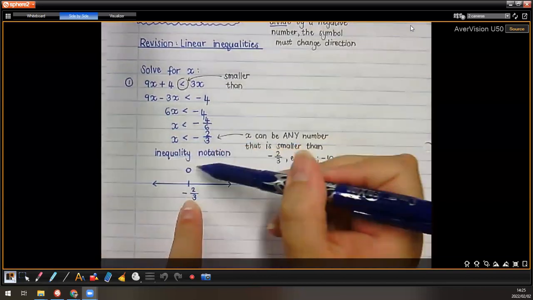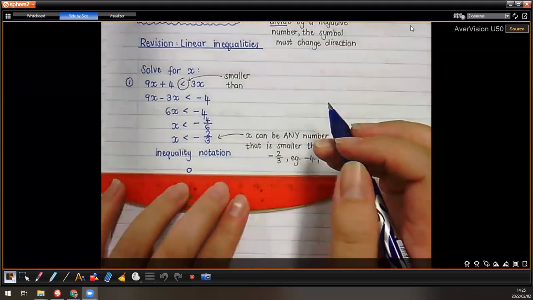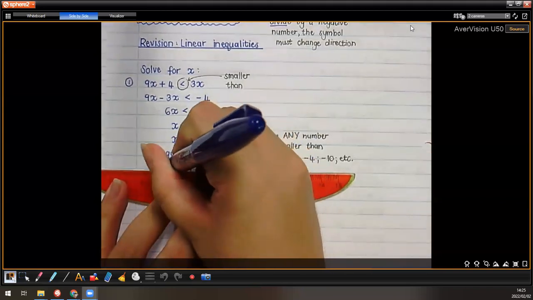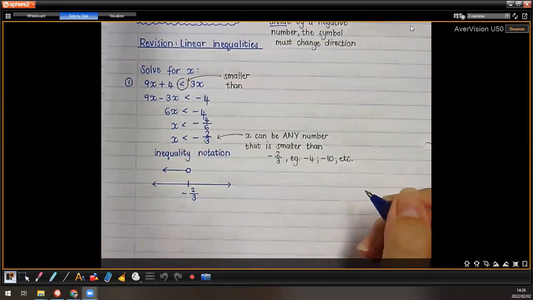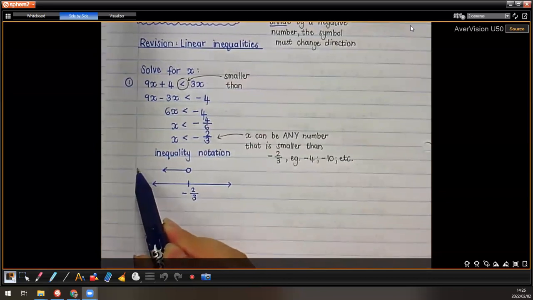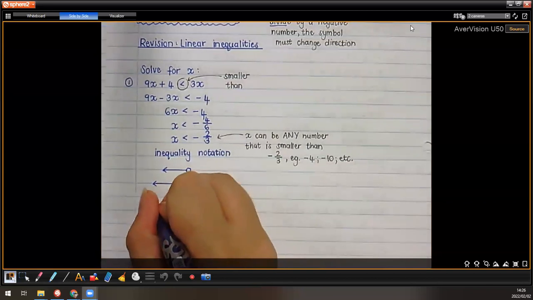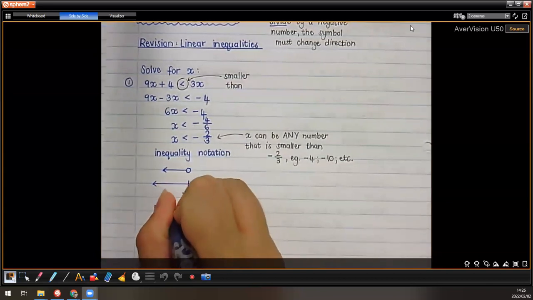Are we going to go to the left or to the right? To the left, right? So you just take your ruler again and draw a line to the left with an arrow. That is indicating that any number that is smaller, any number that is to this side of -2/3 will work. Okay, this is number line notation.